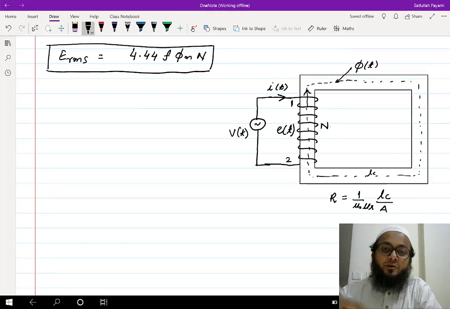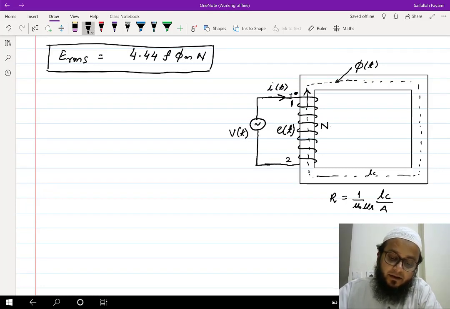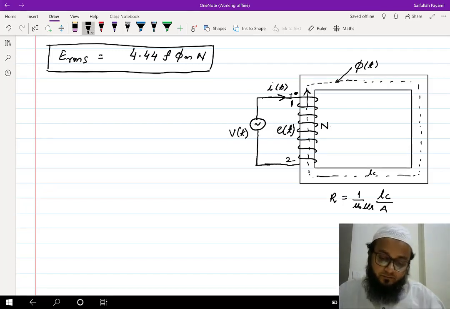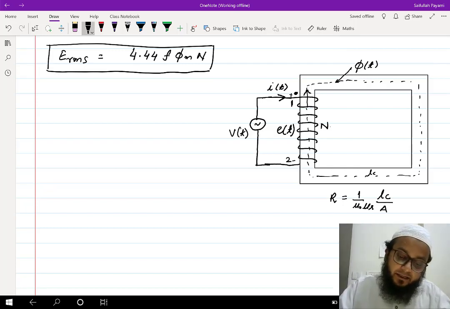Now you can see the significance of the polarity in the AC circuit as well, and we'll take it up in detail when we discuss the transformer. We say this one would be the positive one and the second would be the negative. So here is the RMS voltage induced in this coil. If we are applying an AC voltage here, we would have an induced voltage across this coil as well.